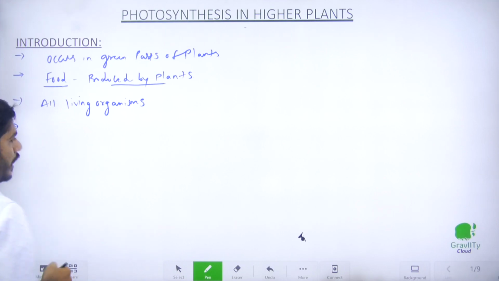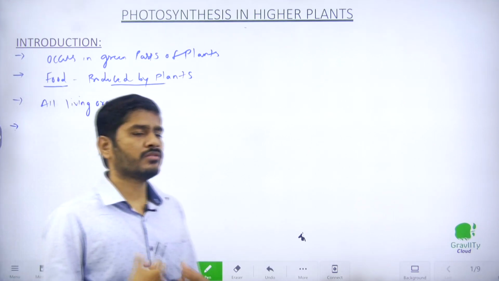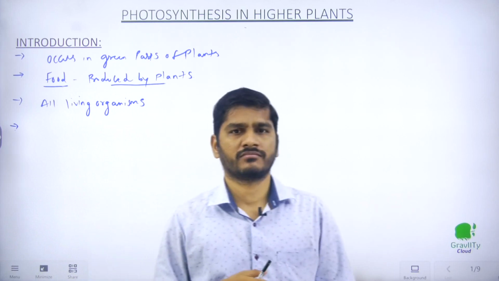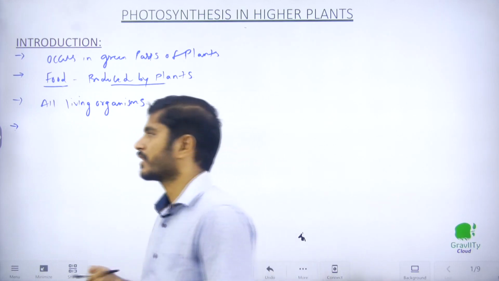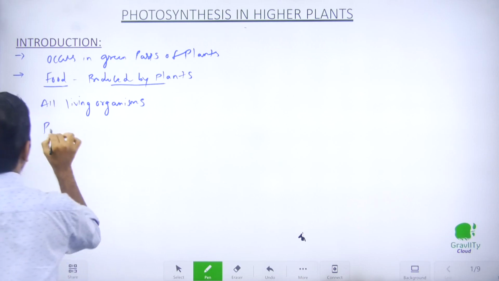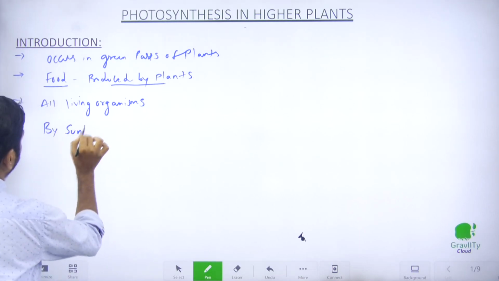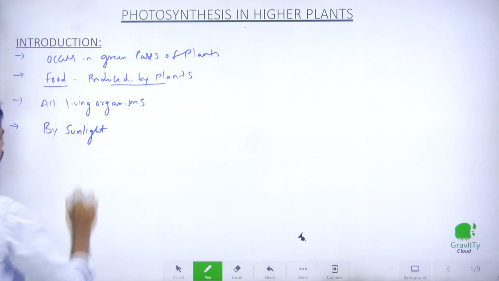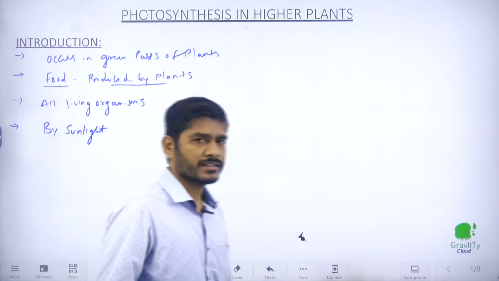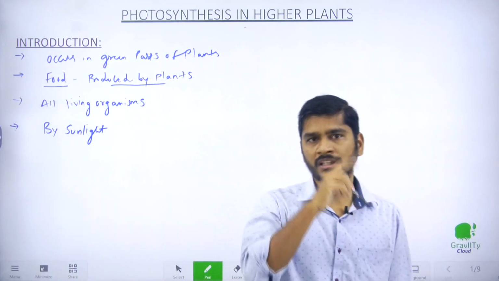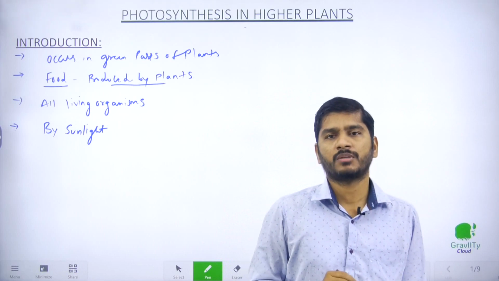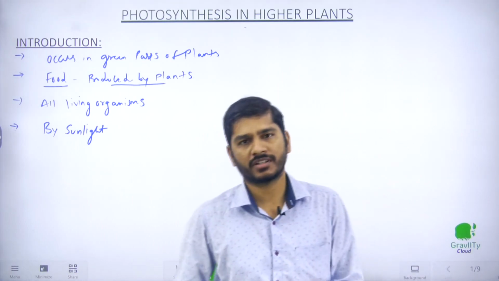Now, how do plants do this initially? By light. Which light is it? Sunlight. So initially, light energy is transformed into chemical energy in the form of food. Food is nothing but a type of chemicals, right?